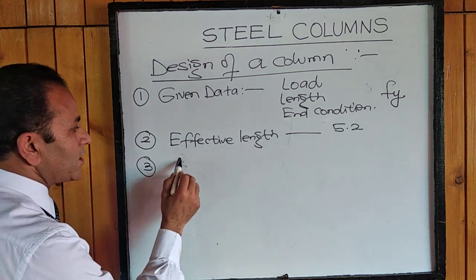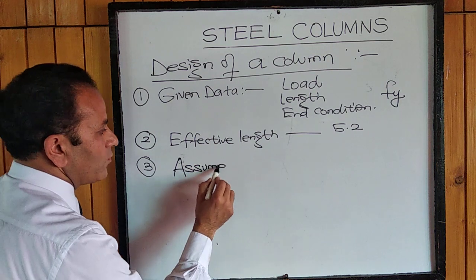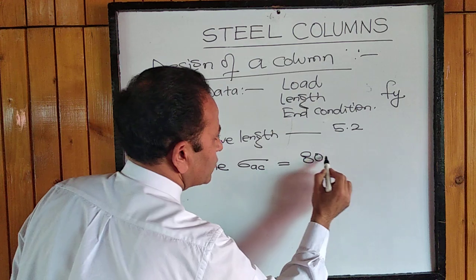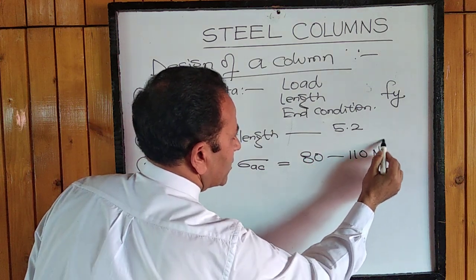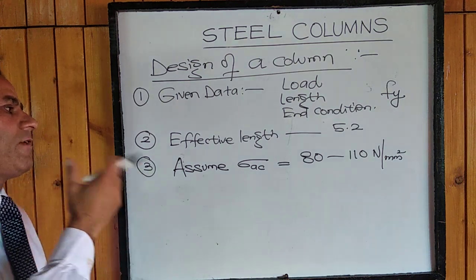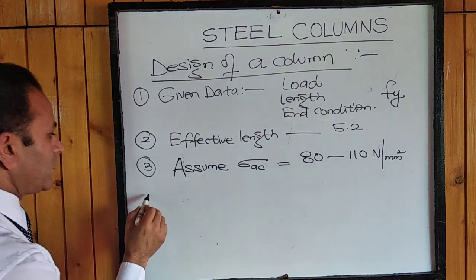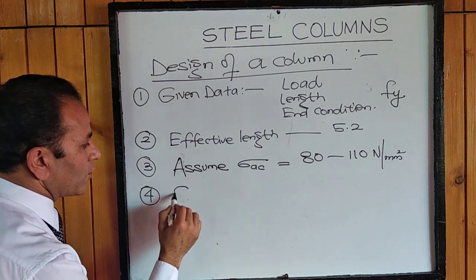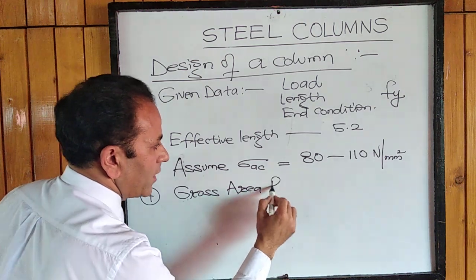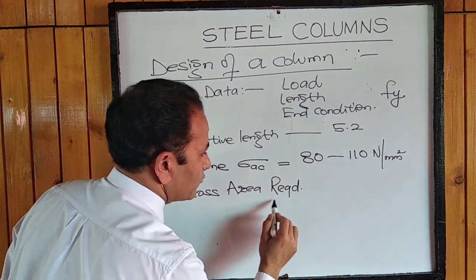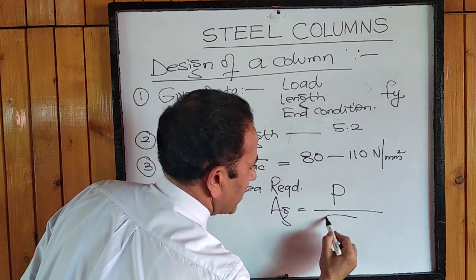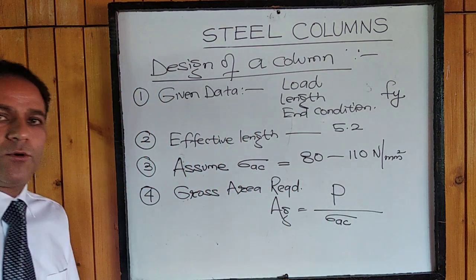So what we do is assume. Initially, we assume this value of sigma AC, normally from 80 to 110 Newton per mm square. We make this assumption so that in the next step we can get the gross area required. The gross area of the column required shall be the load, which we know, divided by the sigma AC value we have assumed.